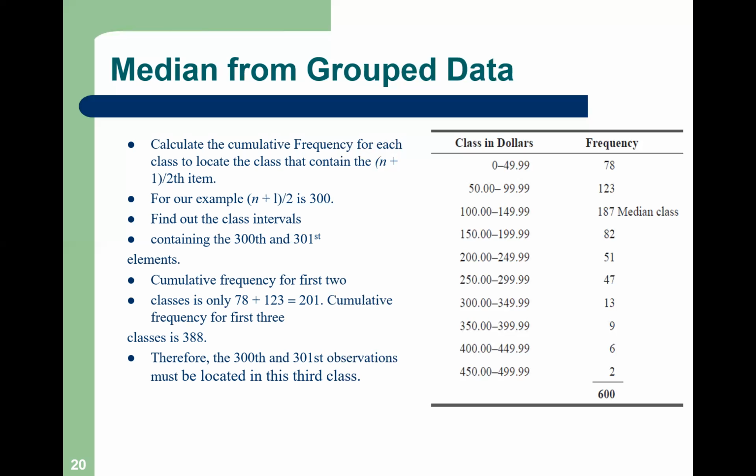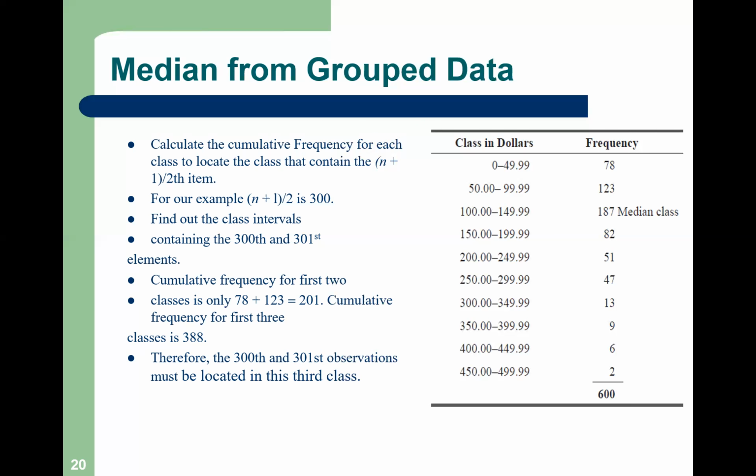For that, first we need to understand what the total frequency is. The total frequency of this data is 600, and we will use the same formula to find the location of the median, n plus 1 divided by 2. So n plus 1 divided by 2 is 300.